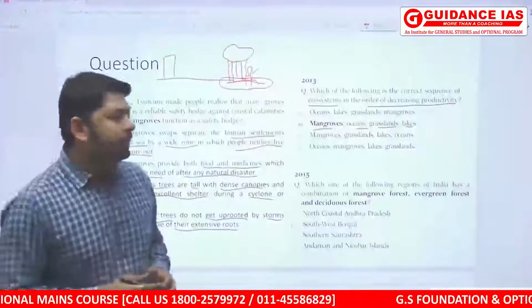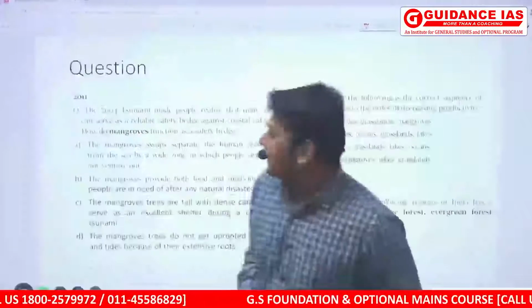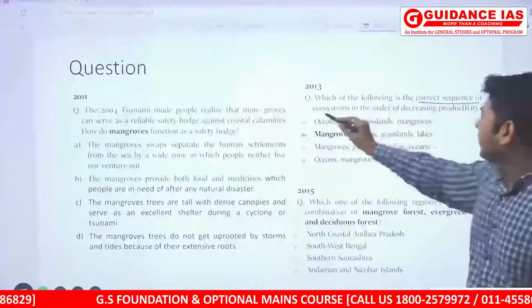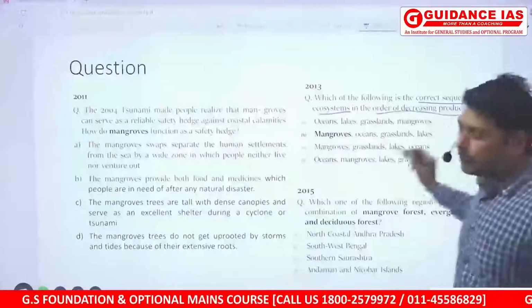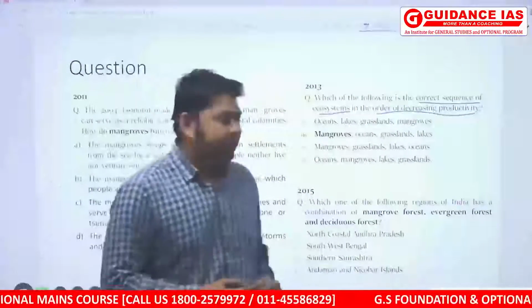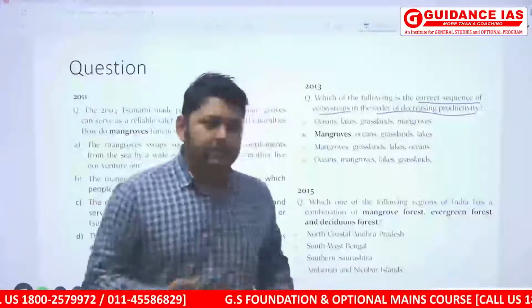Actually, we were on the question of the correct sequence of ecosystems in order of decreasing productivity, with options of mangroves, oceans, lakes, and grasslands.